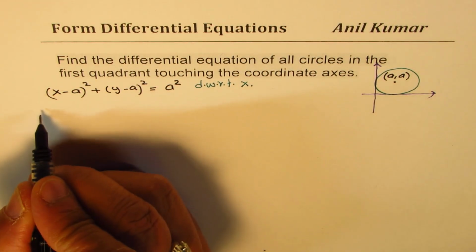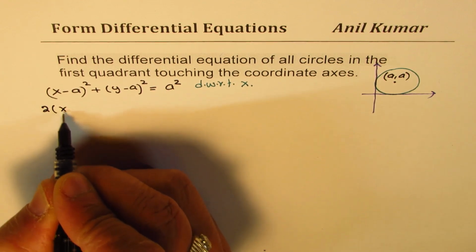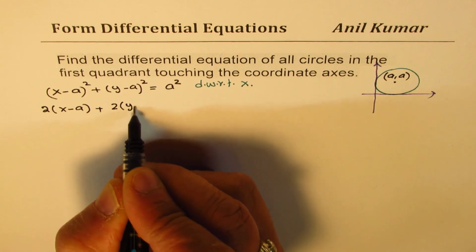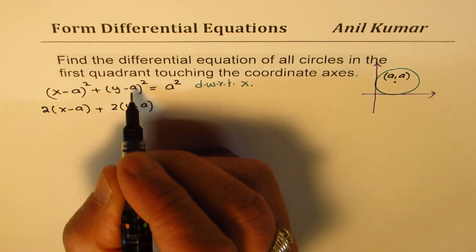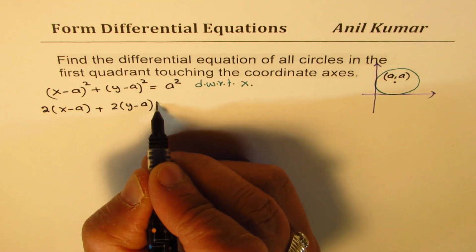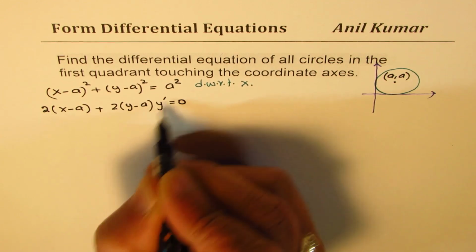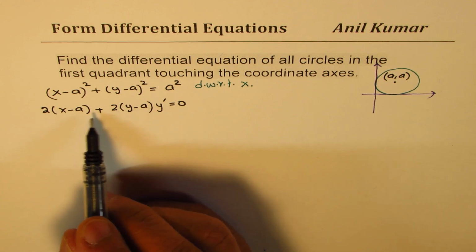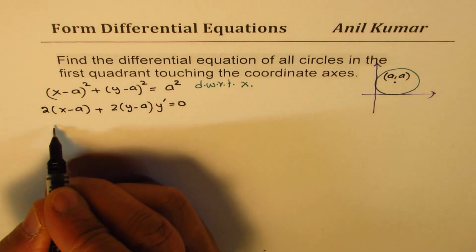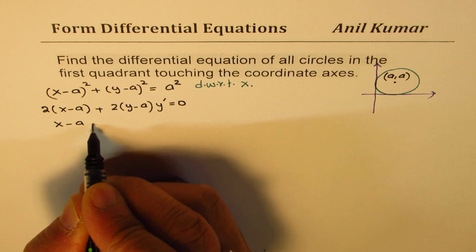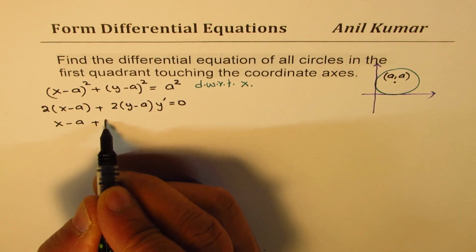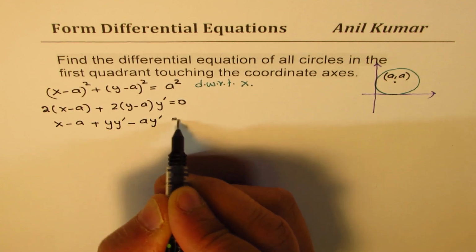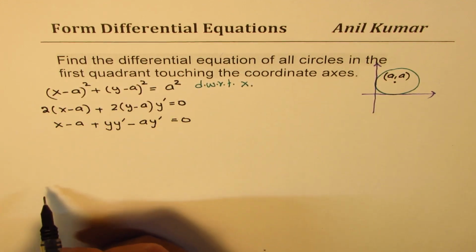So here we get 2 times (x minus a) plus 2 times (y minus a), derivative of inside function y prime, equals 0. Now we need to isolate a from here. We can cancel 2, so we are left with x minus a plus y prime minus a y prime equals 0.